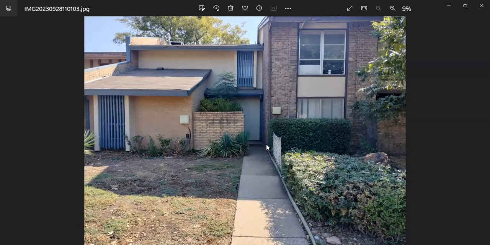So anywho, the new owners already came in and told him he had until a certain day and time to get out. He didn't have much time. And I'm going to share something with you guys: a lot of these people do not know that eviction is a process. When the new owners purchase the property and take over, they still have to file the eviction with the court, and that may take time.